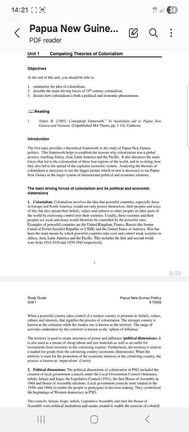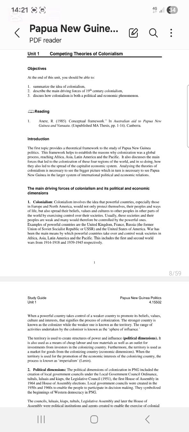The framework that we are interested in is understanding what the forces behind colonialism are. There are three mentioned here, if you look at page 1 and page 2. Number 1 is colonialism itself. Number 2 is political dimension, and number 3 is economic dimension.